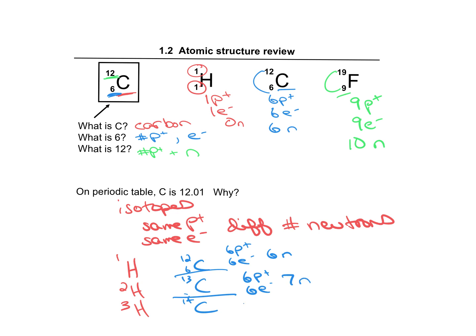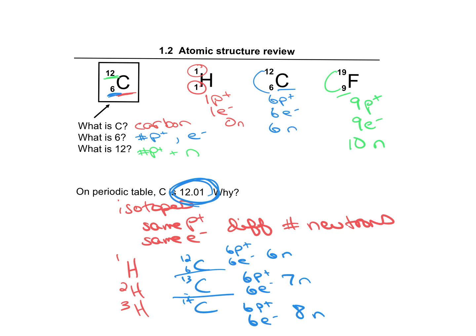And in the third case, 6 protons, 6 electrons, but 8 neutrons. Now this number 12.01, the number that we see on the periodic table, gives us the weighted average of all of the isotopes. So it takes into consideration the natural abundance of the different isotopes.